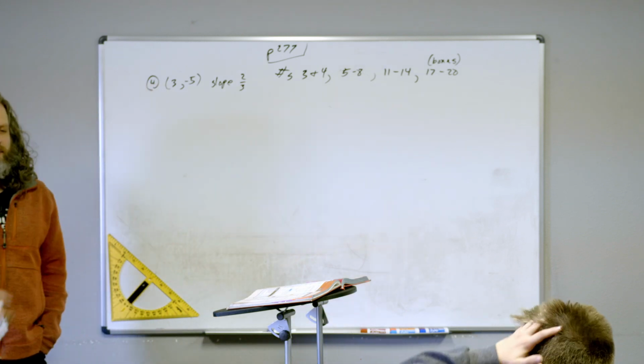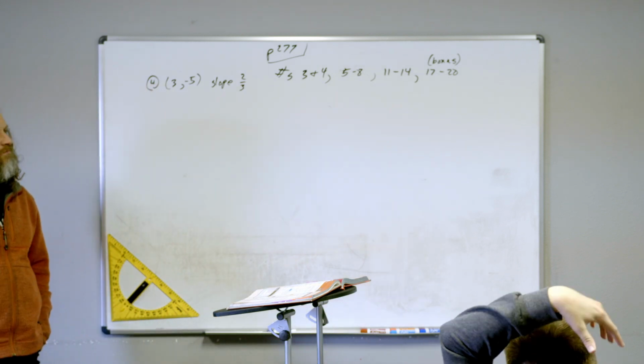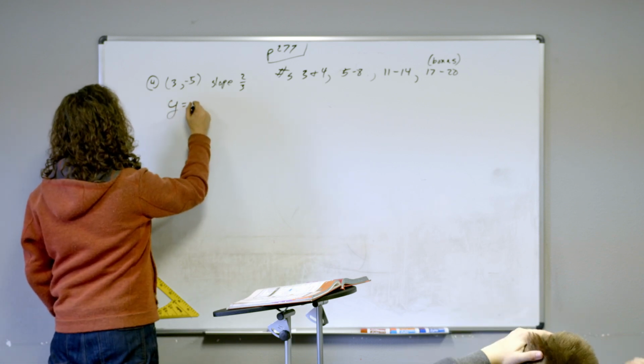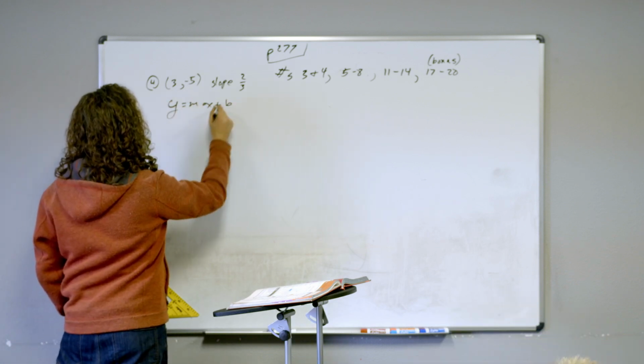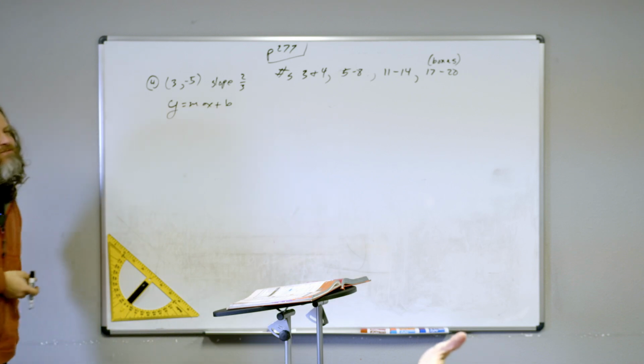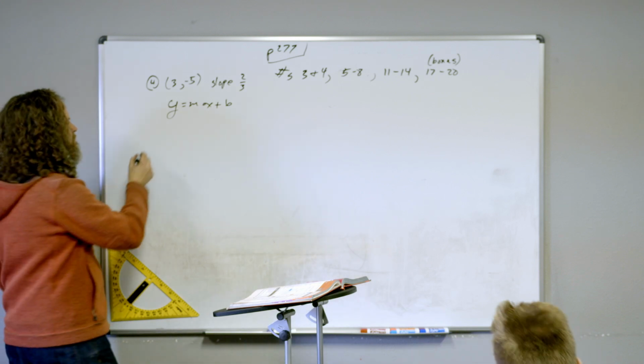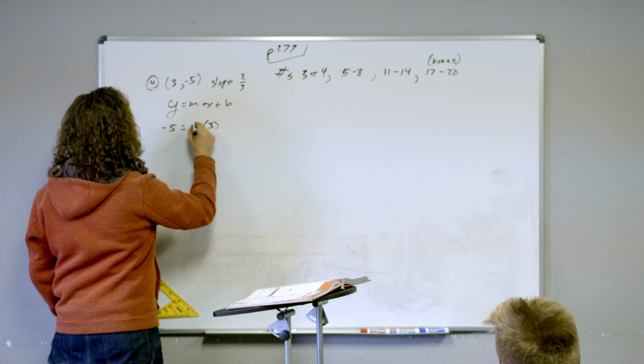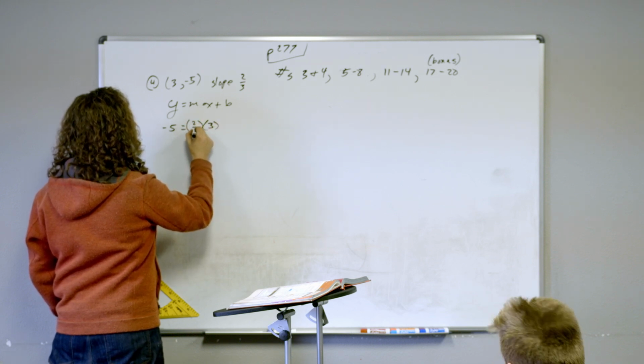So what do we need to do? y equals mx plus b. Great. Now what? -5 is for y and 3 is for x, and m is the slope. It's 2/3 plus b.